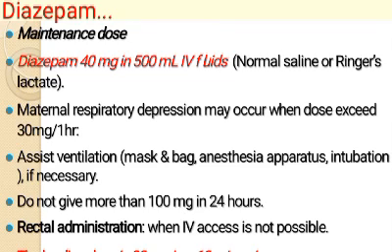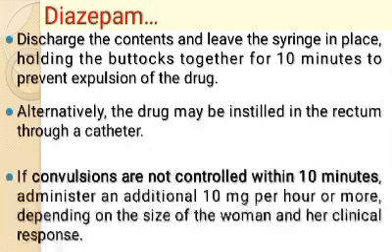The loading dose is 20 mg in a 10 ml syringe. Remove the needle, lubricate the barrel, and insert the syringe into the rectum to half its length. Discharge the contents and leave the syringe in place, holding the buttocks together for 10 minutes to prevent expulsion of the drug.